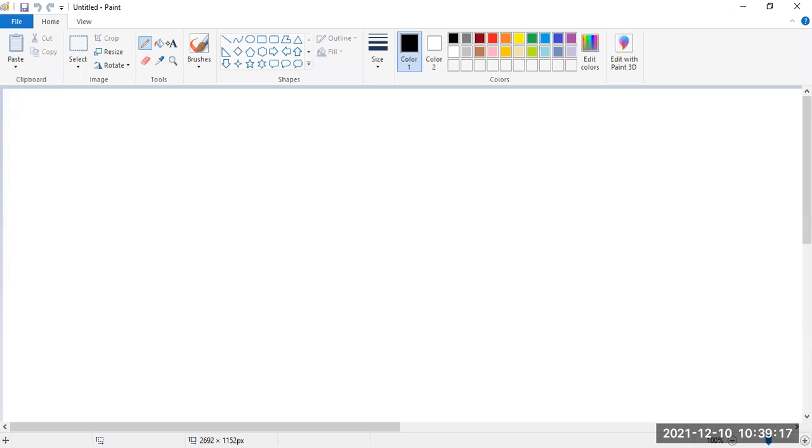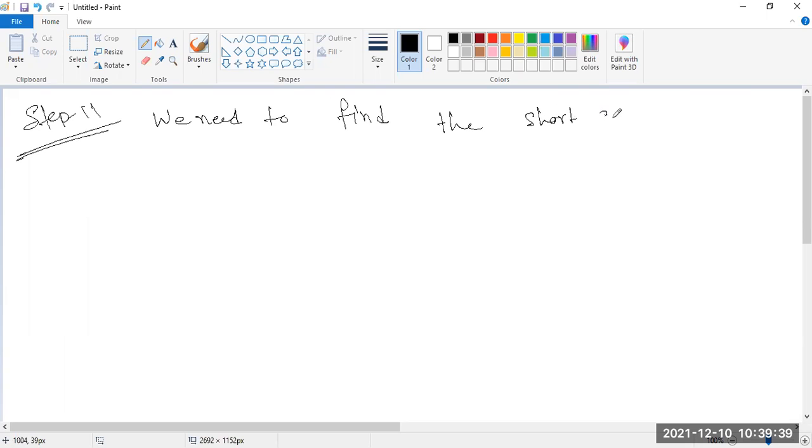Now step 2. We need to find the short circuit current.